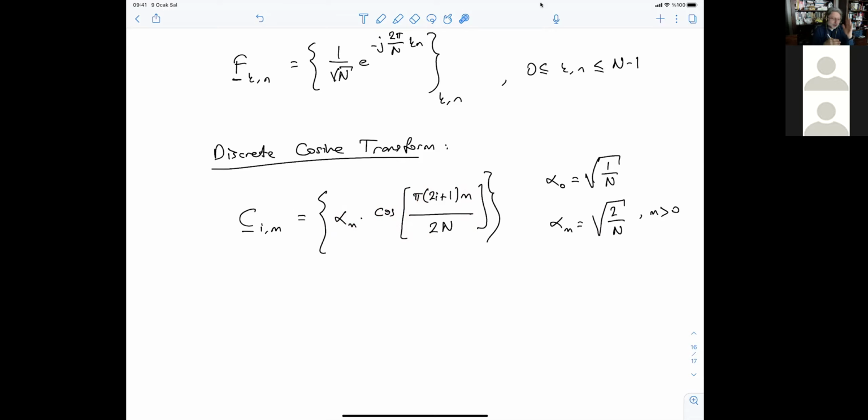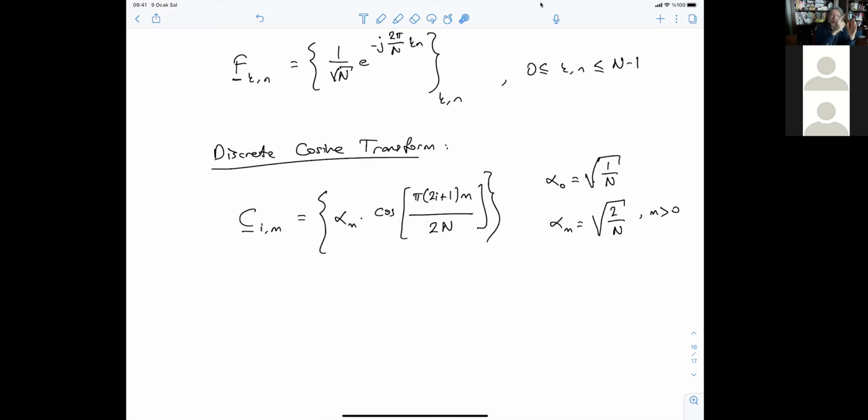So the column consists of ones. And I want to normalize it. It must have unit norm. So what is the normalization factor of that? If I want to normalize, I have to divide it by the norm of this vector consisting of ones. What's the norm of 1, 1, 1, 1, etc.? The norm is the square root of capital N.